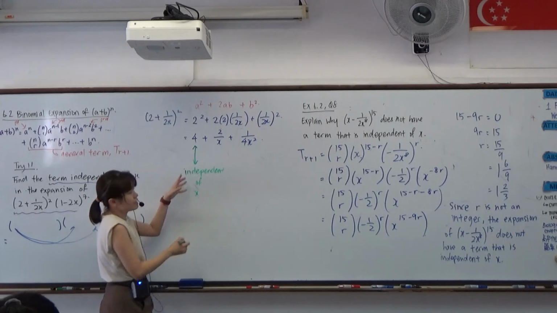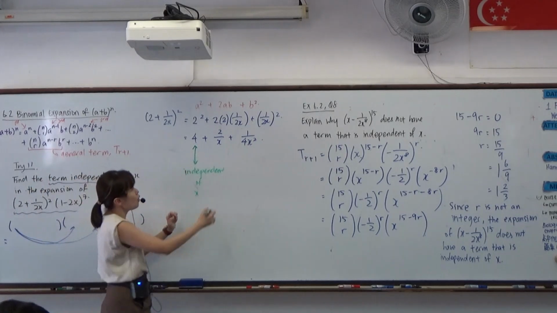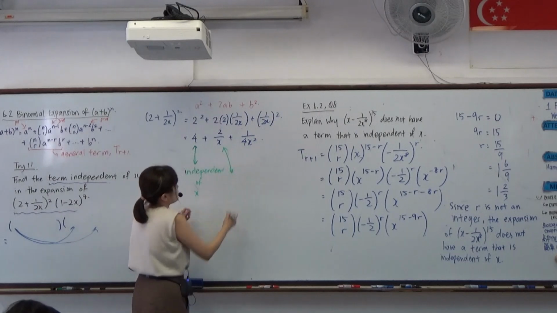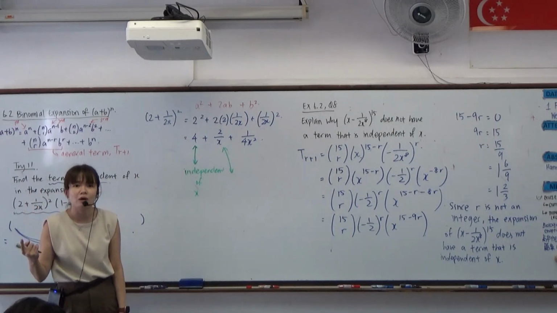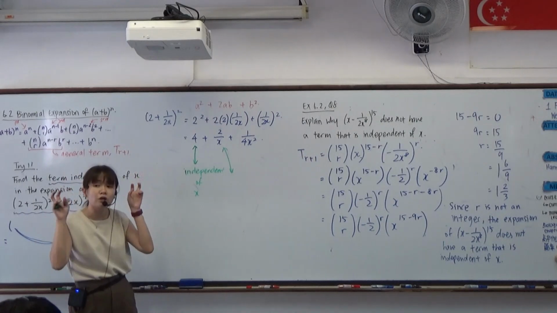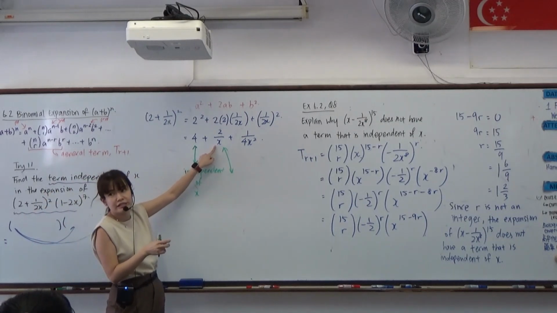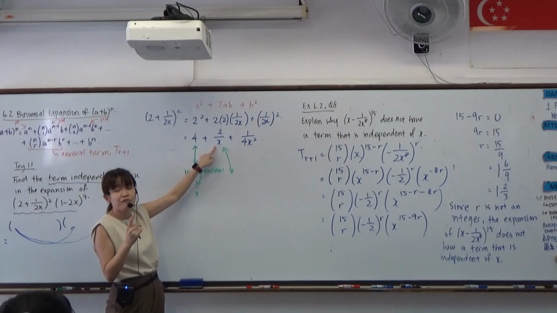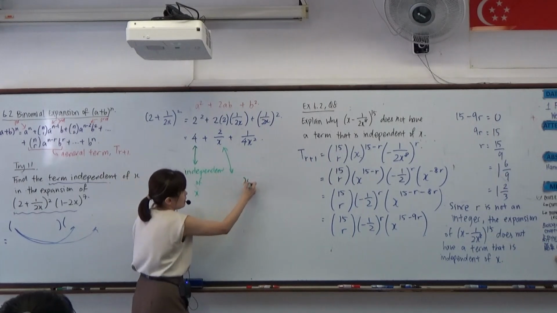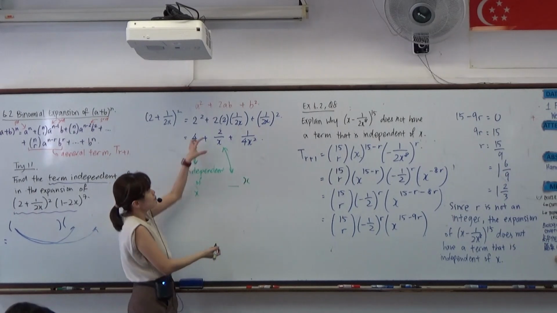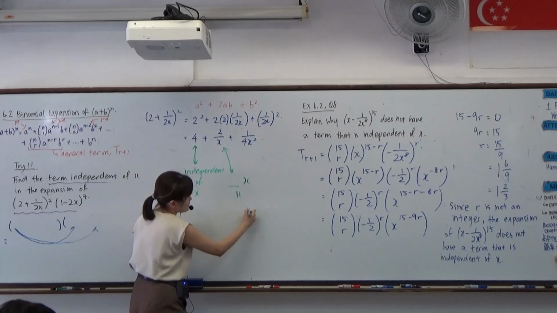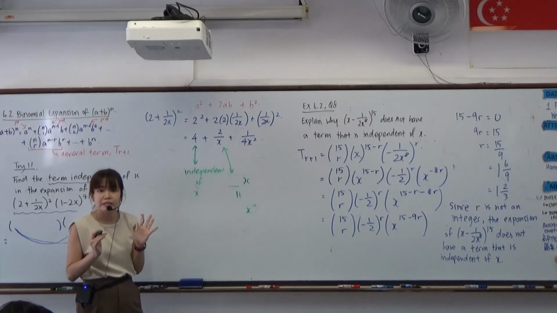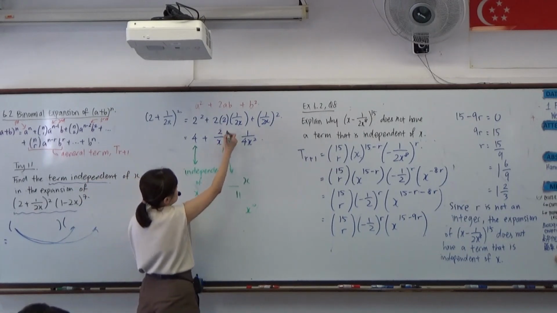In the other expansion, for 2 over x, I want my eventual thing to be x to the power of 0. How do I neutralize this division by x itself? I will look for the one that has just x itself, because this thing times this thing will give me x to the power 0. This is x to the power of negative 1.